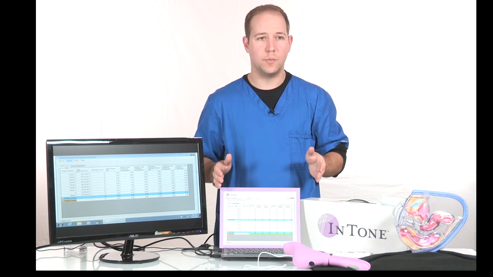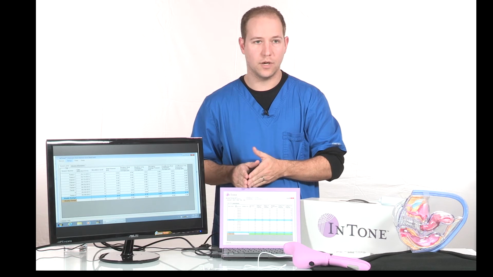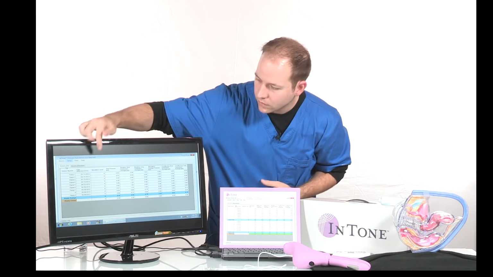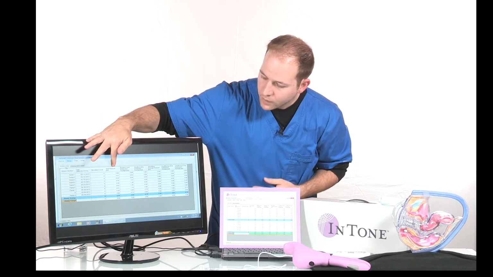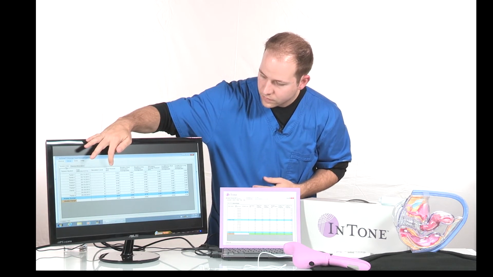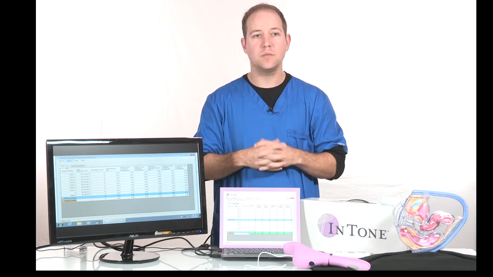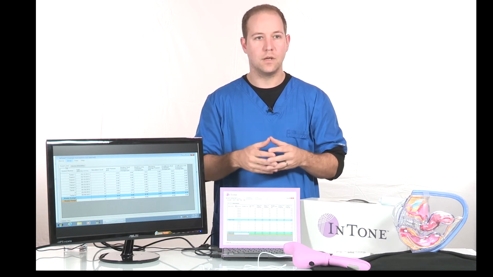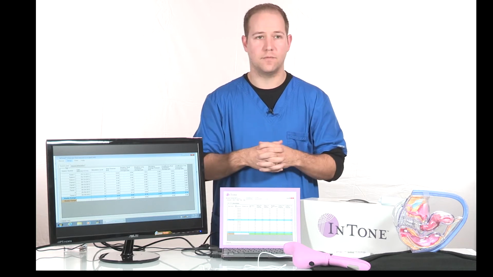When looking at this information, you always want to make sure that you are focusing on the start pressures. The start pressures are listed here in this row. We want to make sure that the start pressures are essentially the same. So if the patient pumps her device up to a 5, it will read 0.5.